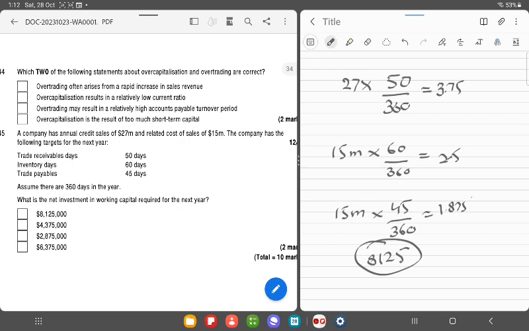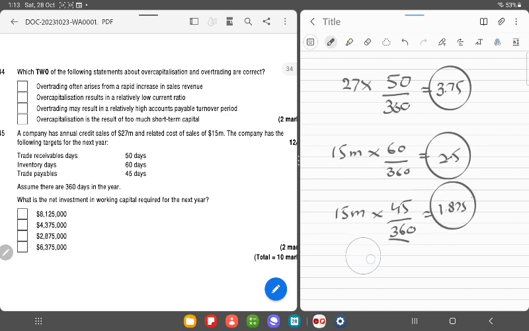And for payables, the cost of sales multiplied by payable days divided by 360. Hence the amounts are 3.75, 2.5 and 1.875. So we add 3.75 plus 2.5, which gives 6.25, and then subtract 1.875 from this.